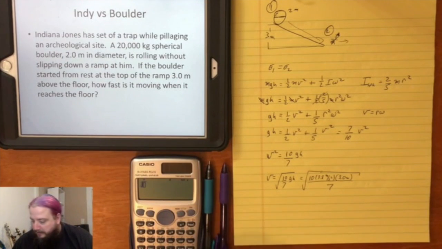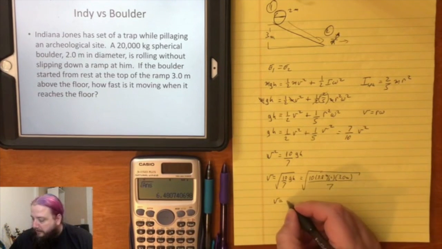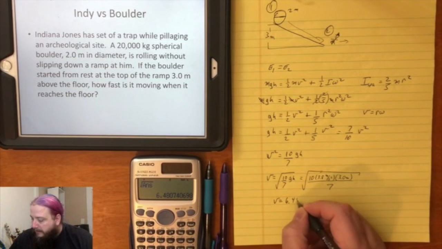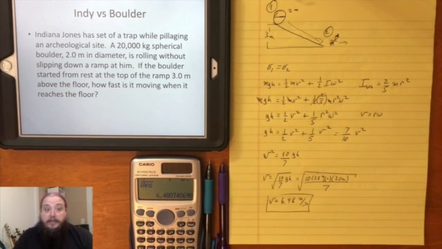Take the square root of that, and we get a speed here of 6.48 meters per second. So Indy better be running pretty fast if he's going to outrun that boulder, because 6.5 meters per second, that's fairly swift, at least for ground travel on foot.